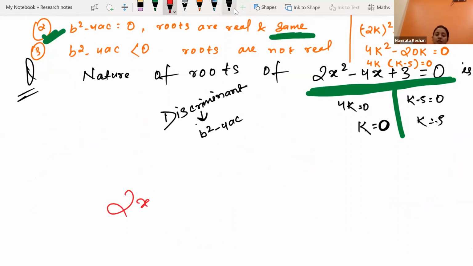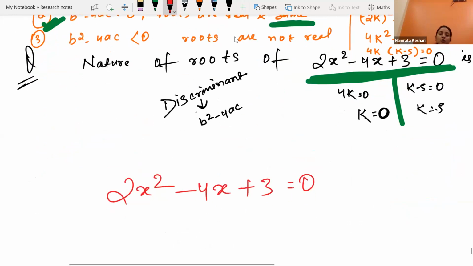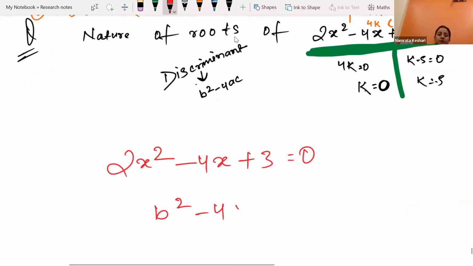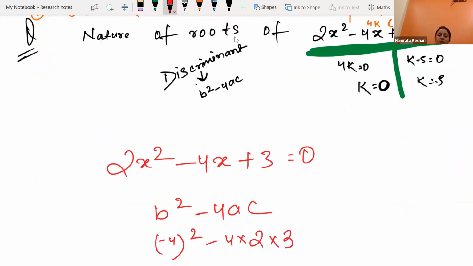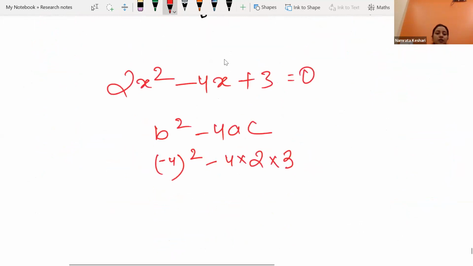We have this quadratic equation equals to 0. We will be finding b square minus 4ac. Here b is clearly visible. b is minus 4, square, minus 4 into a is 2 and c is 3. We are checking whether it is bigger than 0 or what.